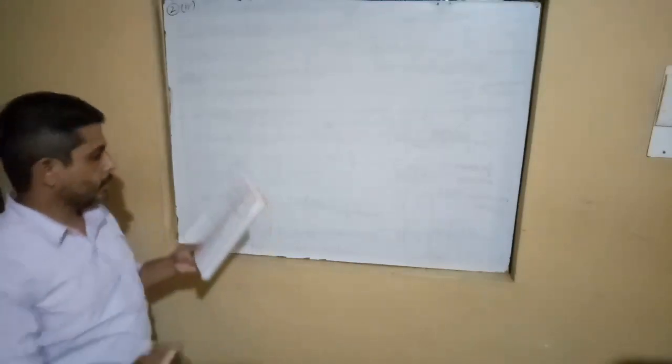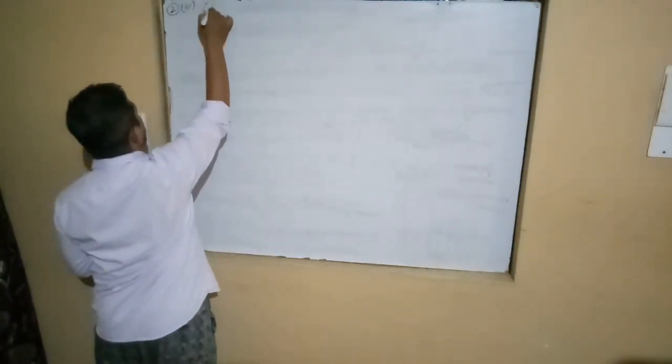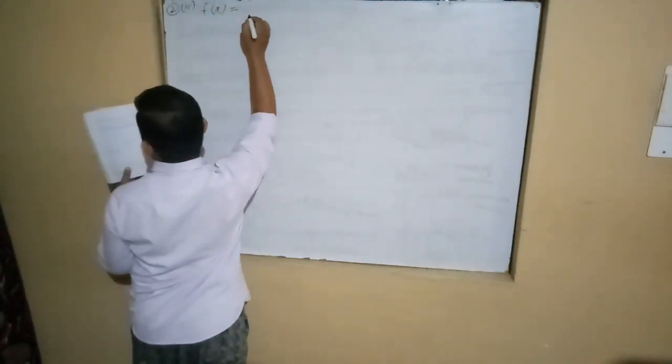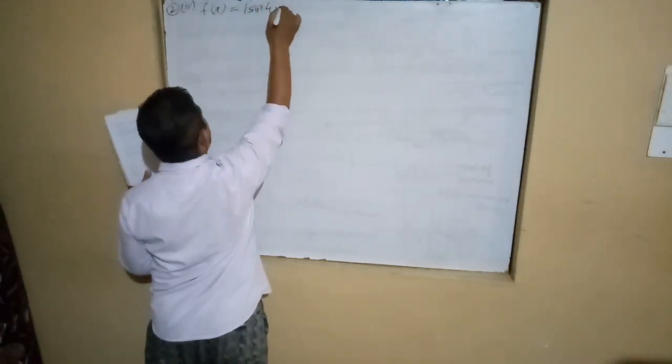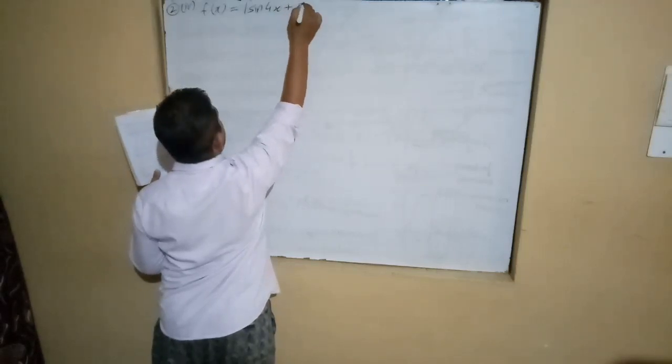Fourth of second. What is the question? The question is f(x) is equal to mod of sin 4x plus 3.